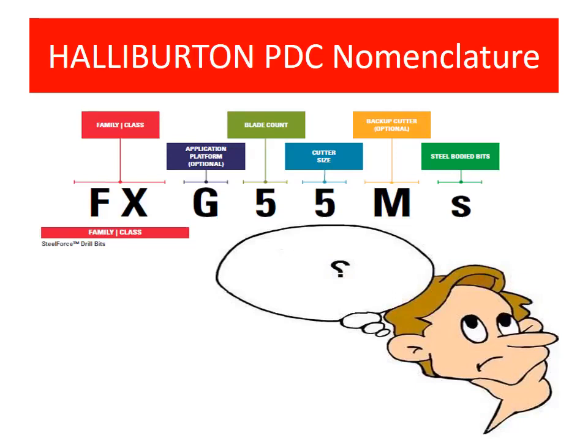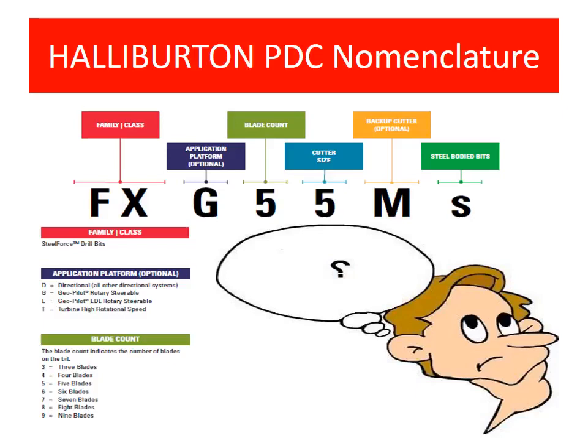For Halliburton, the first two letters are for the family class. The third letter is for the application compatibility: D when it is compatible with directional application, G for the Halliburton RSS GeoPilot, T for turbine application.